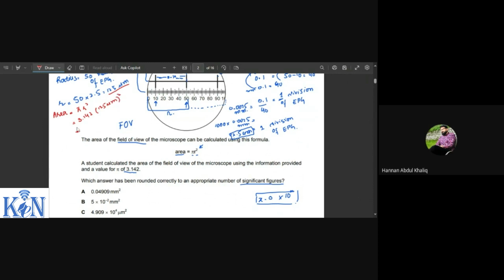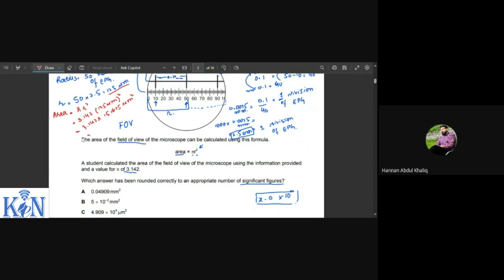Let's find it out. 125 whole square is 15,625 micrometers square. I guess you would not be surprised by micrometer square because it was 125 micrometer, so once we took the square, it would be micrometer square now.